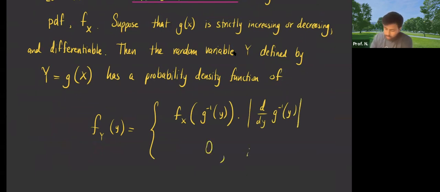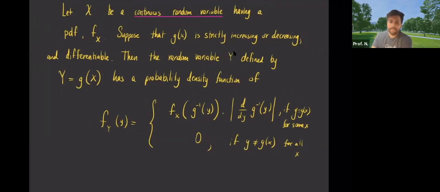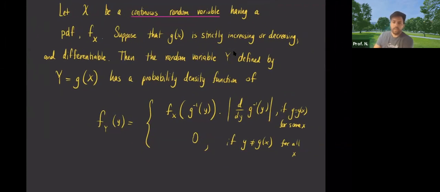So that's if y does not equal g of x. And this is if y equals g of x for some x, for all x. This looks strange. It does.